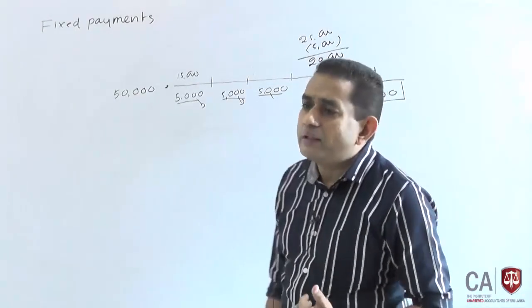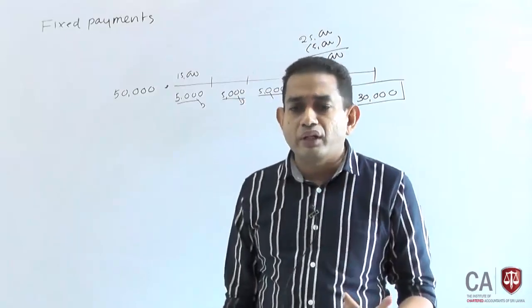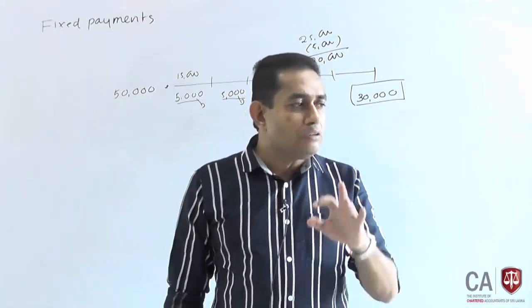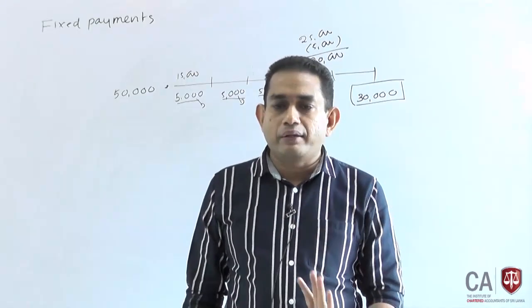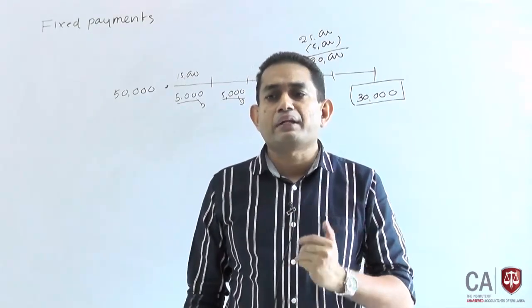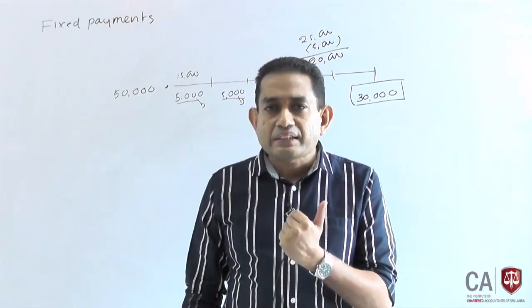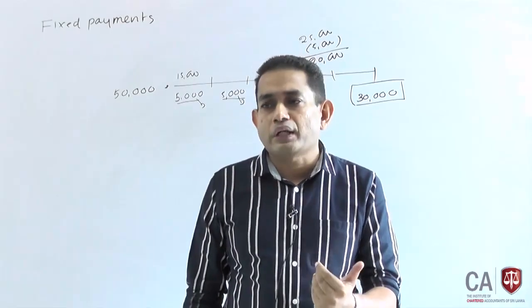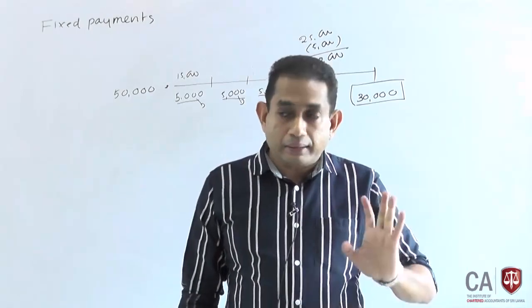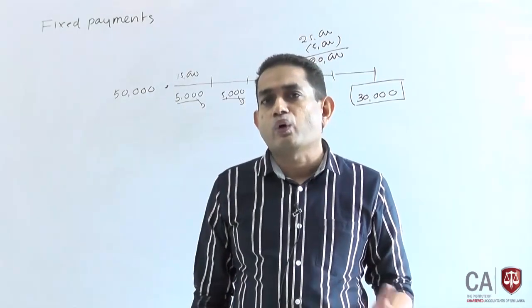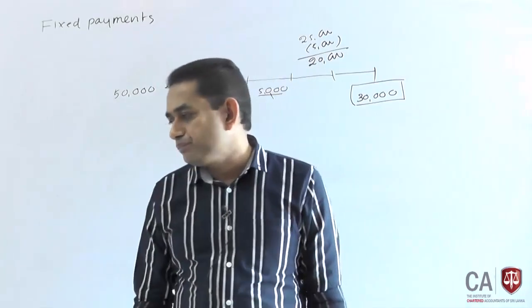Now this is what the lessee agrees to pay to the lessor at once. This residual value which the lessee has still not paid in the form of lease rentals will be settled once and for all at the end of the lease term, 30,000 rupees, and this is what you call guaranteed residual value.